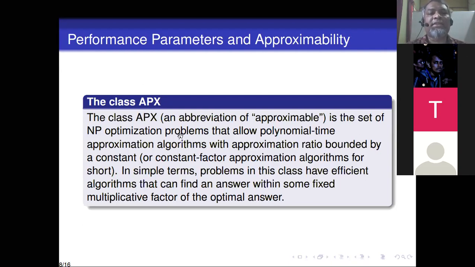So this is the definition of the class APX.